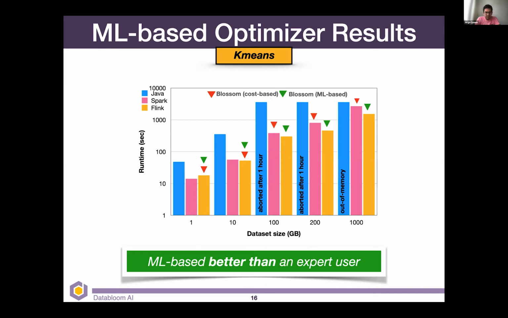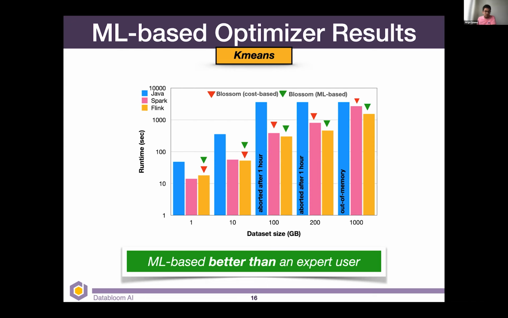But then we see that we are picking basically the right platform with the ML-based optimizer in all cases except for the small data set size, which is not the case for the cost-based one.